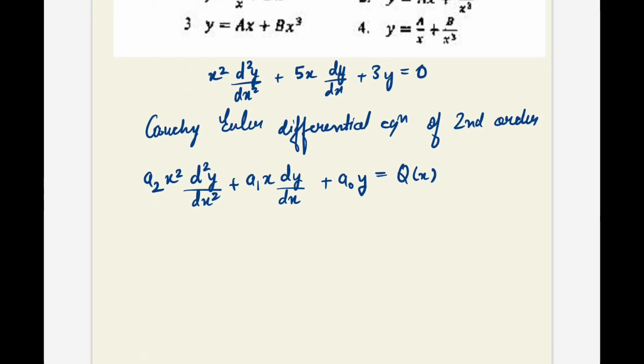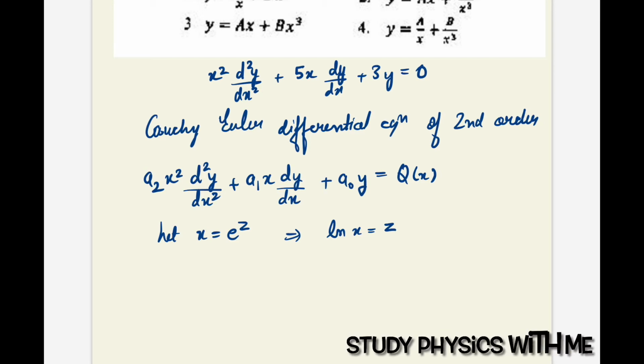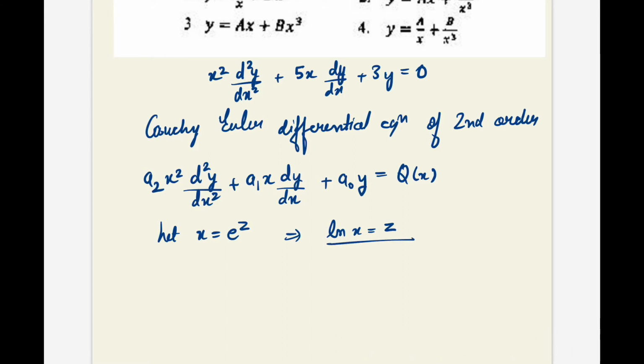Here we will make the substitution: let x equal e to the power z. This becomes ln x equals z. Taking the logarithm on both sides, we get this. Now differentiating this equation, we get 1 upon x dx equals dz.